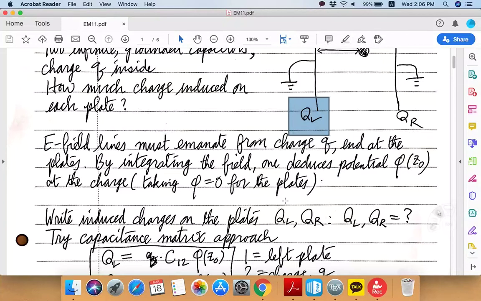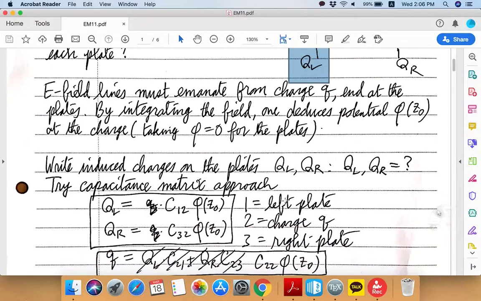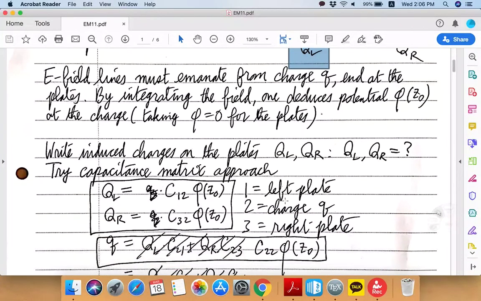Well, the first obvious approach may be that since we had this general formula relating the charge on each conducting island in terms of the potentials of all the metallic islands, maybe we can just apply that formula and see what happens.